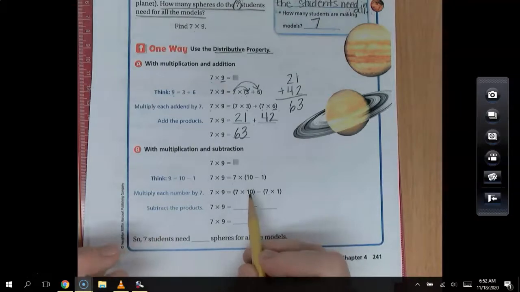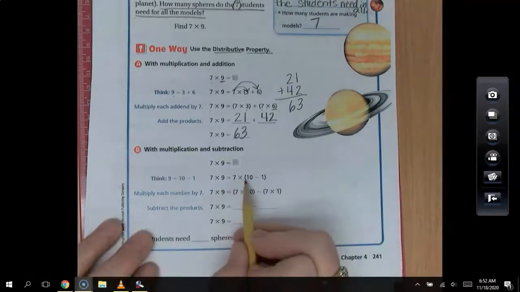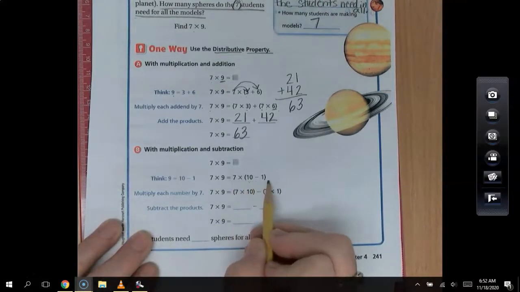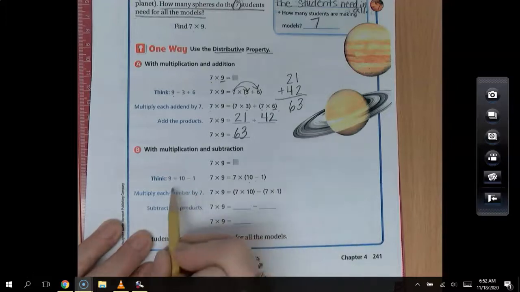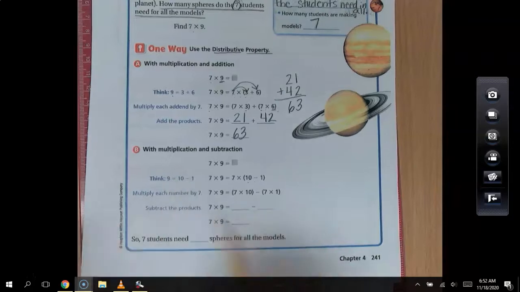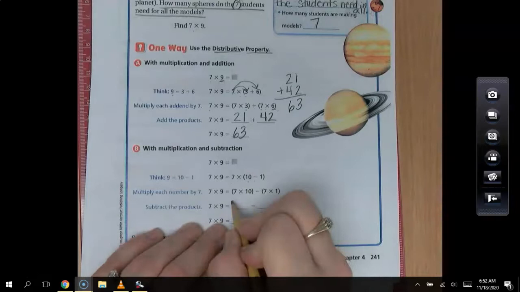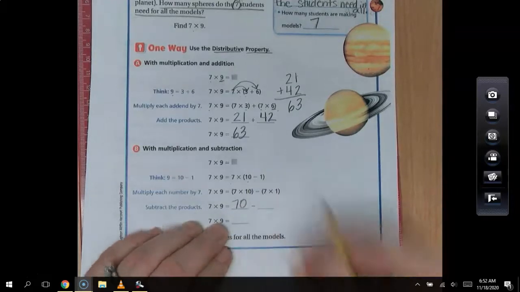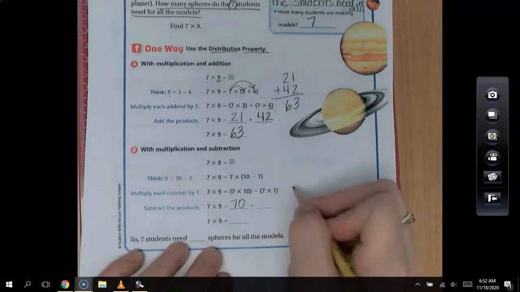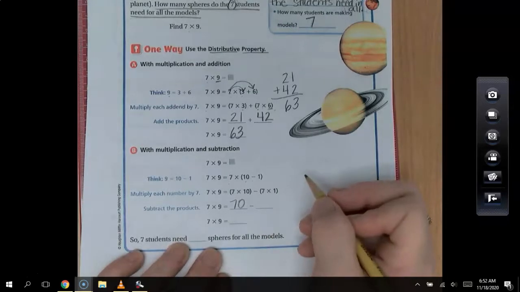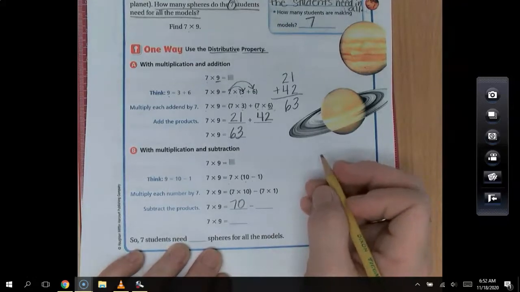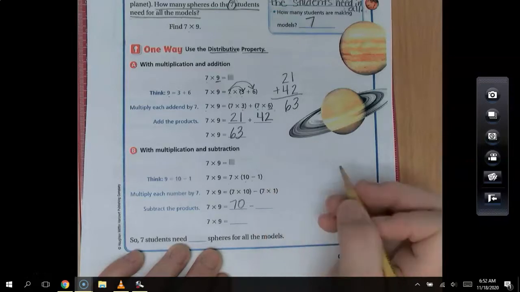So what they want us to do is distribute the 7 times 10 minus 1. I had to subtract the 1 because I know that 9 is 1 less, okay? So 7 times 10 is 70. And I know 7 times 1 is pretty easy to multiply, because any number times 1 is always that other number.